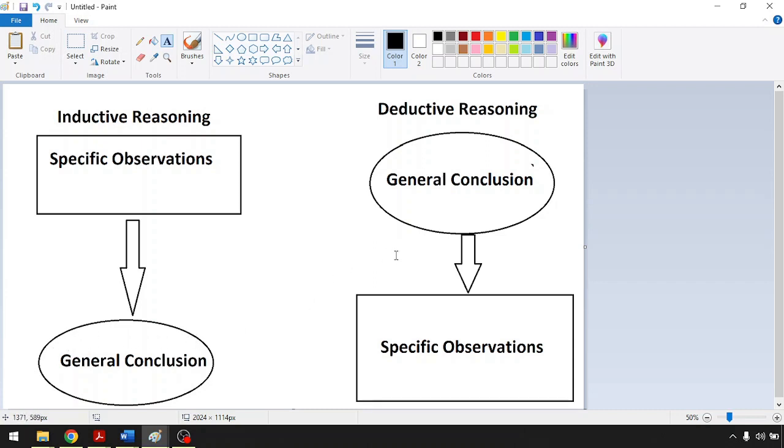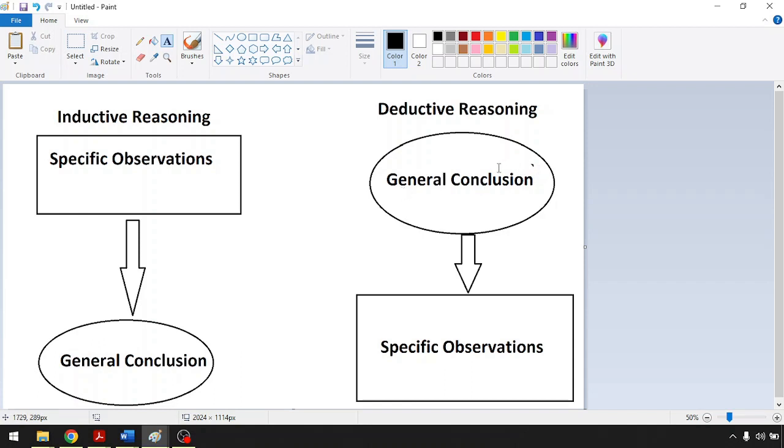And deductive reasoning, on the other hand, is the opposite, where we build our expectation of what we should observe on the basis of a general conclusion that's already out there, a general theory that's already out there. For example, if there's already a theory that says that people who are wealthy, or people who have higher economic status, are also highly educated.